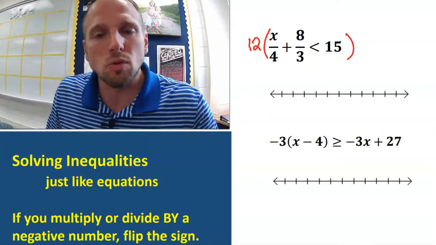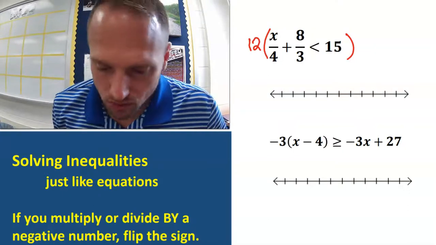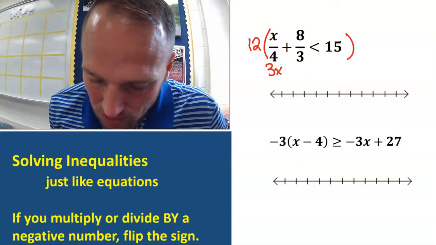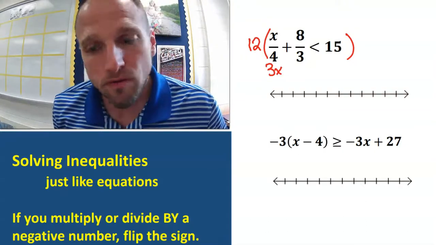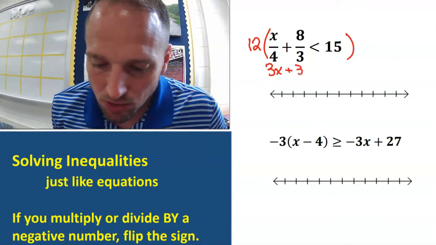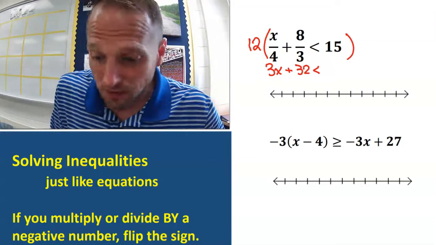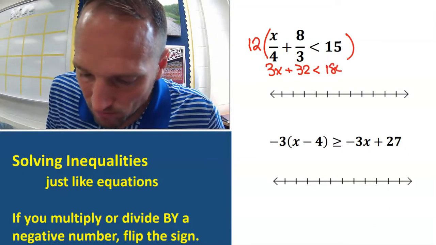That's going to be 12. So remember, divide by the bottom, multiply by the top. 12 divided by 4 is 3 times x is just going to be 3x. 12 divided by 3 is 4 times 8 is going to be 32. And then 12 times 15, that's going to be 180.